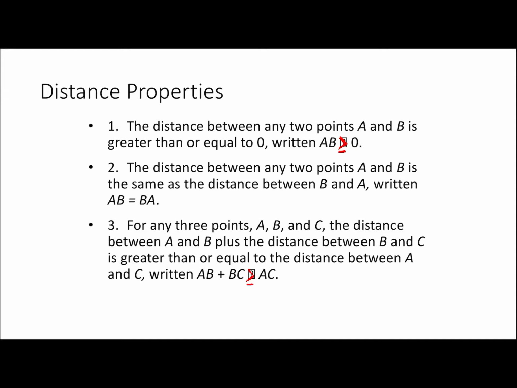If you have these 3 points, the distance between A and C can't be any greater than AB plus BC. Now, it could be less. If you happen to have a triangle, it would be possible to have it less, but you can't have it greater than that. And so again, we're going to see all these properties as we move forward.